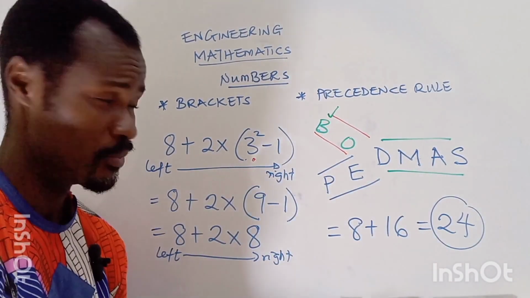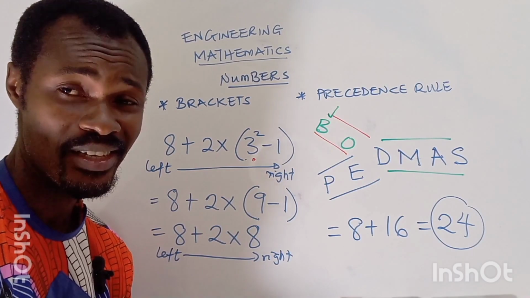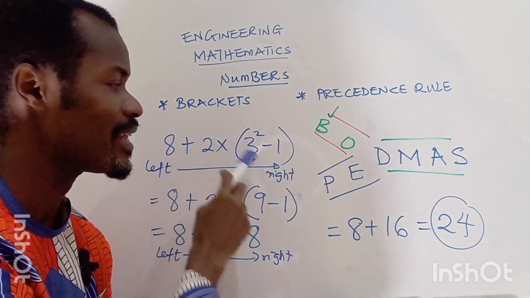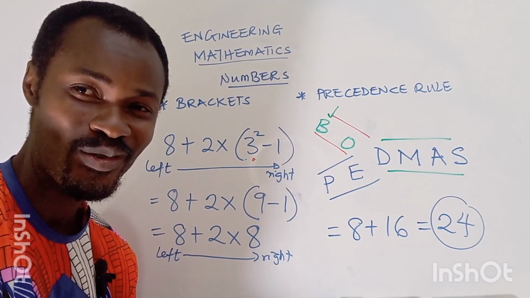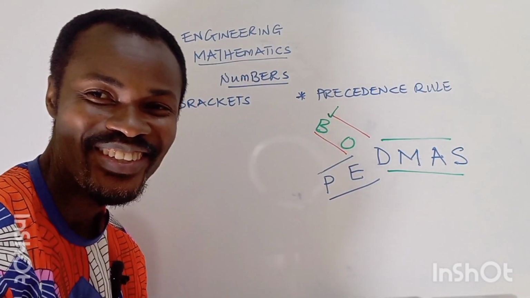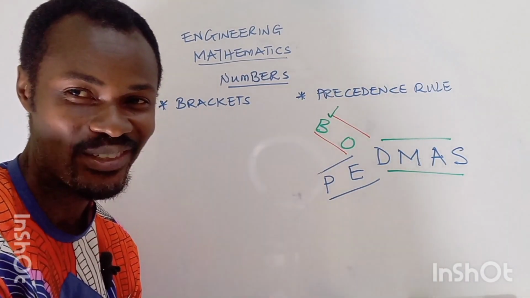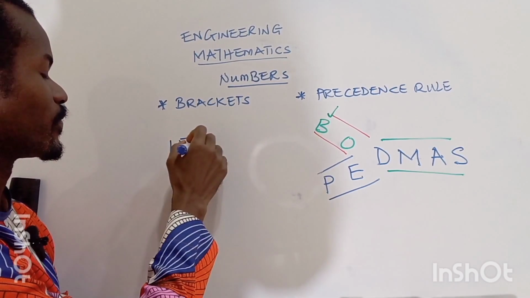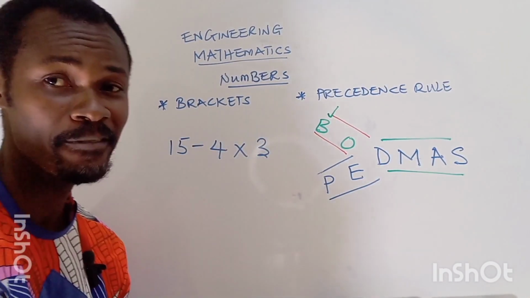So the answer to this problem is 24. Now, the essence of following the precedence rule is for consistency. If you don't keep to this rule, if you have a simple question like this, you may have a different answer in an exam question. Now we're going to try another one again with regards to the precedence rule. The simple one I'm going to give us is 15 minus 4 times 3.